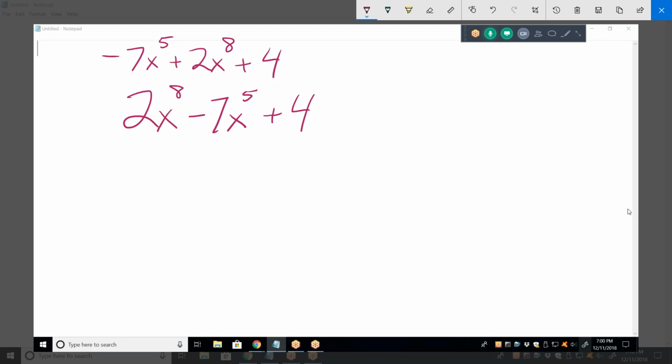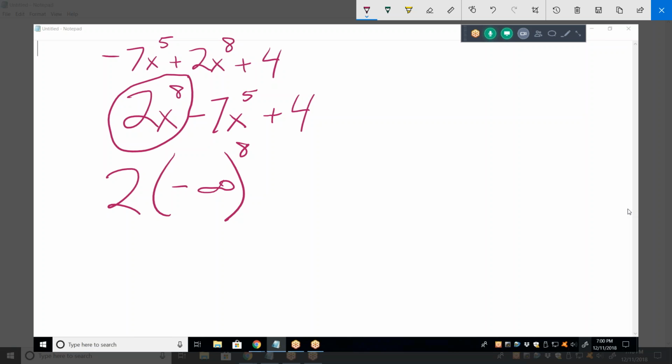No. When you're dealing with end behavior, the only term that matters is that one. Nothing else matters. And all you do is you plug in negative infinity. It's not the way they tell you how to do it in the class, but this is a nice, quick, and dirty method of getting it.